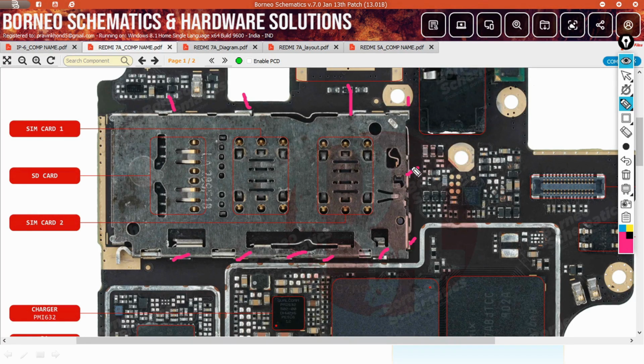Now suppose this pin connects with here, this is a detection pin. This pin is also connected with the ground. Clear? So let's get back to the schematic, right?